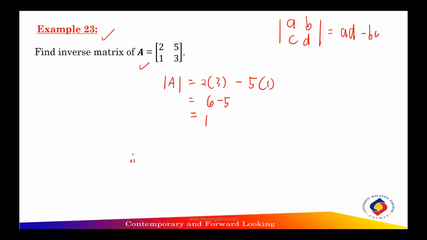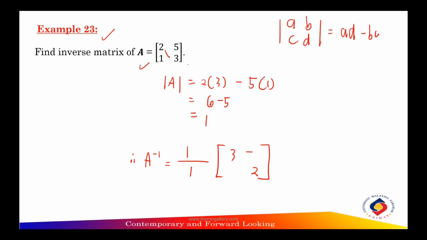And then I will substitute this value in the inverse formula. So the inverse of matrix A is given by 1 over the determinant of matrix A, which is 1, multiplied by a 2 by 2 matrix, where this 2 by 2 matrix comes from matrix A. We need to interchange the elements of the leading diagonal, so 2, 3 becomes 3, 2, and then we will reverse the sign of the other elements.